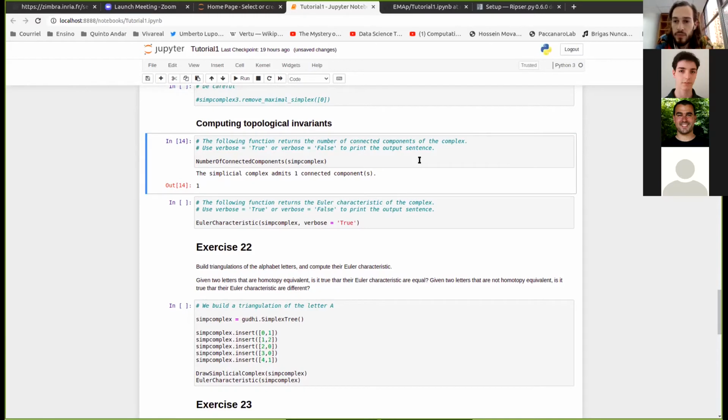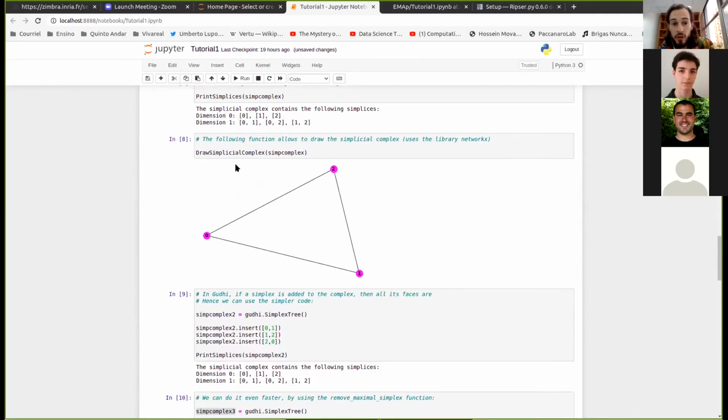Okay. Is there a way to draw the topological realization? I think it's the thing I'm most interested in. Yeah, you can use this function, draw simplicial complex. But the topological realization, is it possible to draw the R3 and the triangle in the R3?